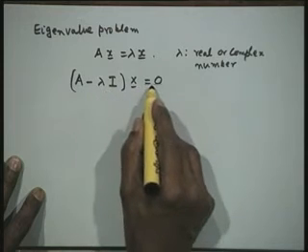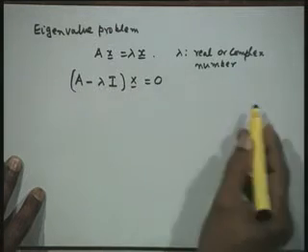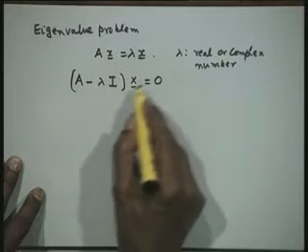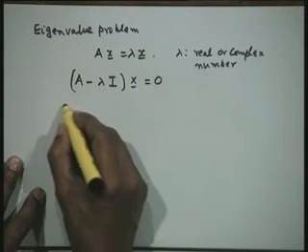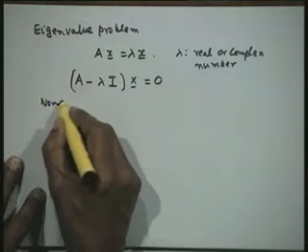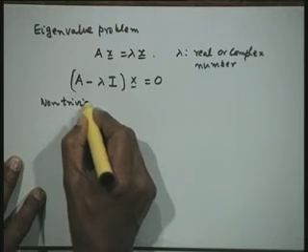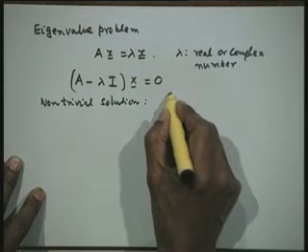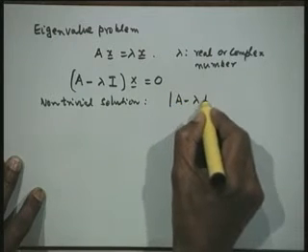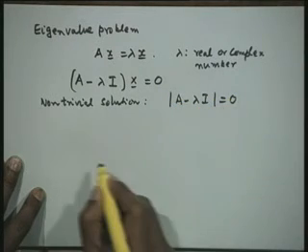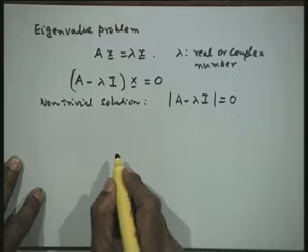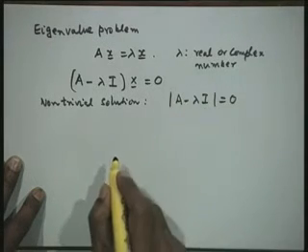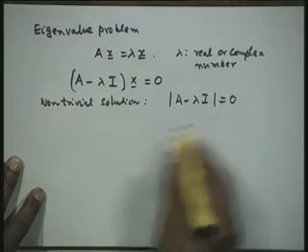Now, this is a homogeneous system of equations. We just said that for a homogeneous system, non-trivial solutions exist only if the determinant of the coefficient matrix is 0. Therefore, for obtaining non-trivial solutions we require the determinant of A minus lambda I to be 0. What is A minus lambda I?